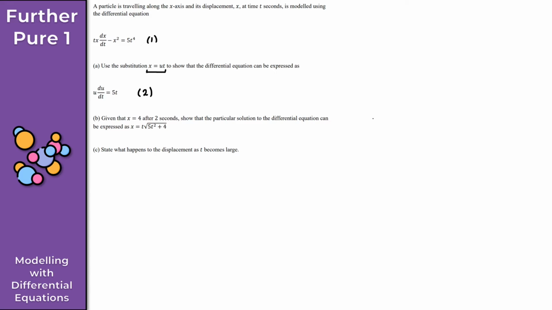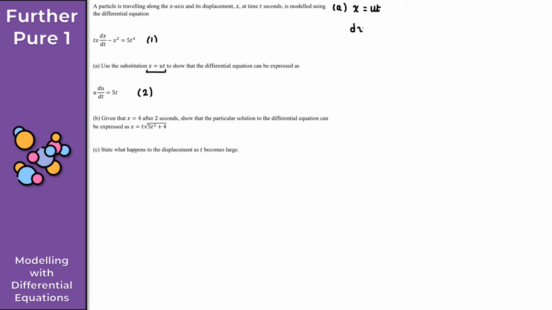Okay, so for part A, let's begin with this substitution, x equals ut. Now if we want to transform equation 1, what we do need is some expression for dx by dt, right? So if I've got x equals ut, what I need to do is differentiate x with respect to t.